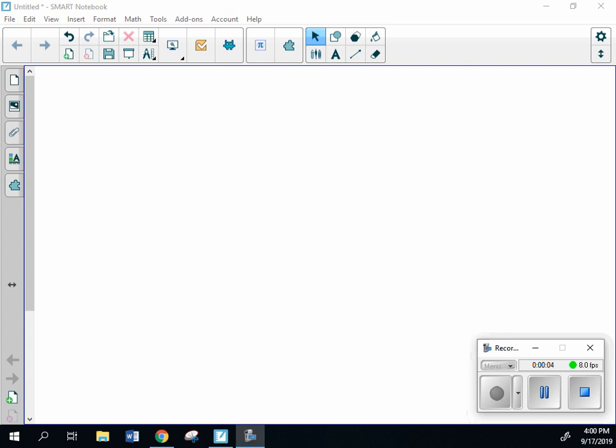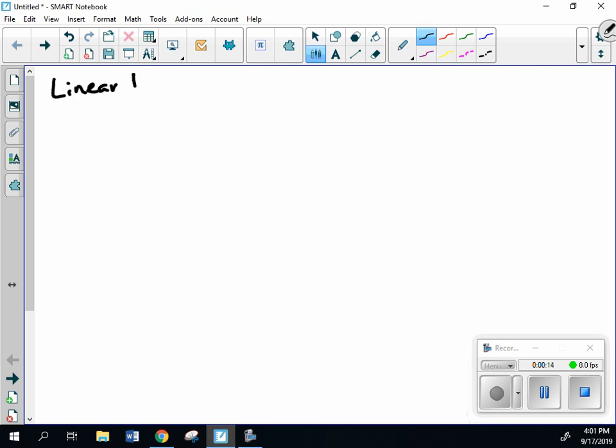Looking at our 12 basic functions, we're going to go a little bit more in depth with a couple of these in this unit. To start off with, we're going to go further in depth with linear and quadratics. Now, the nice thing is we kind of already know what some things are.